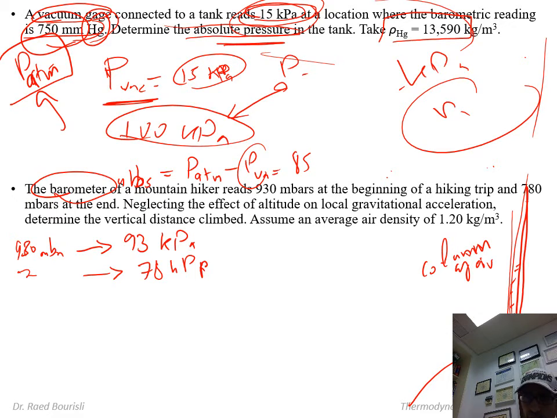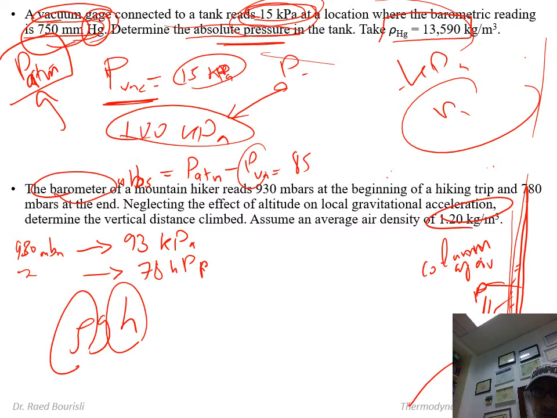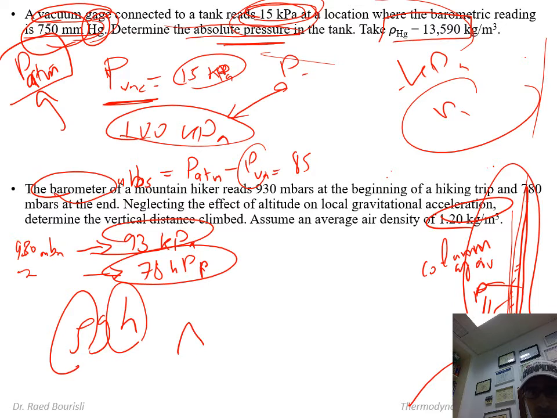Usually the weight of the column of air, the pressure, is the force divided by the area, is just rho g h, and h is the height that we want, and rho is the density that we want. But we don't want the weight of the column of air. Here we have atmospheric pressure. We want the difference. So basically the difference in pressure is the rho, which we take to be constant, g and delta h, which is what we want.